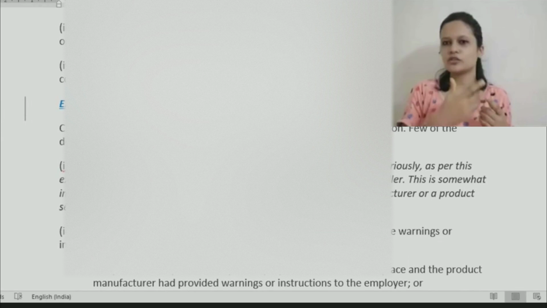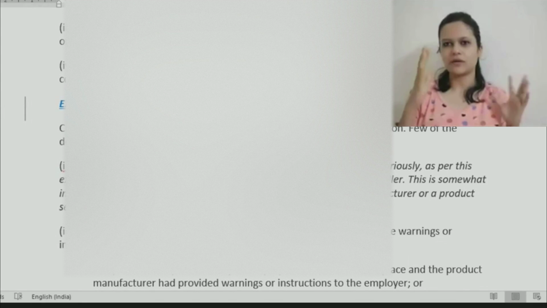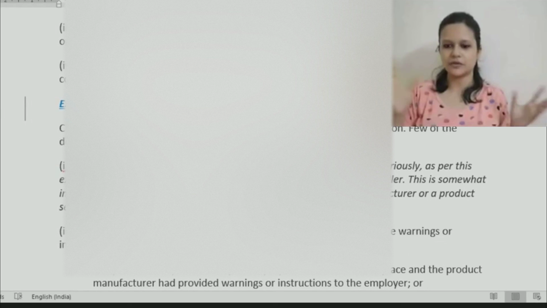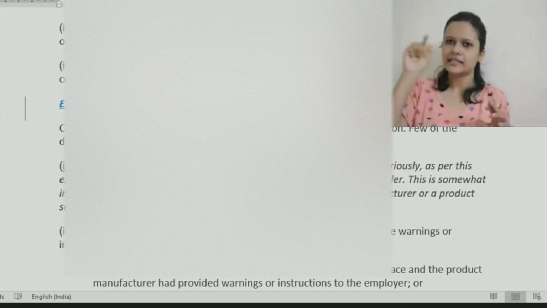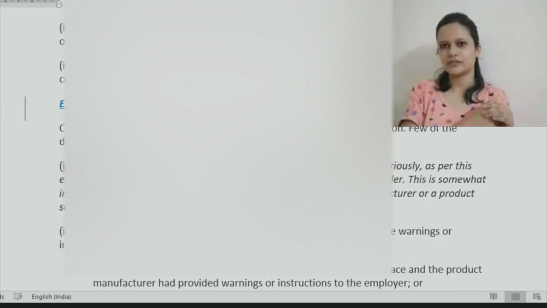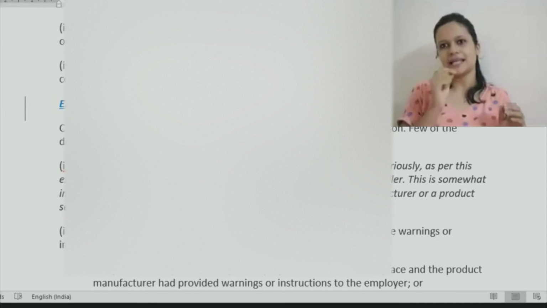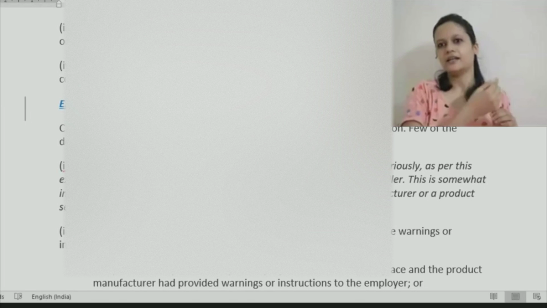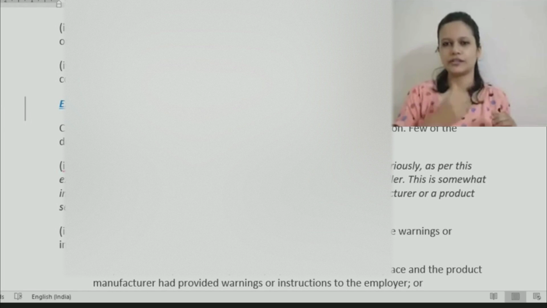Okay, I bought an AC, and then I just decided to open everything, segregate all the different parts, and then I turned on the switch. After that, something happens. In such a case, it acts like an exception. I cannot again say that the manufacturer or the service provider or the seller is liable. Why?